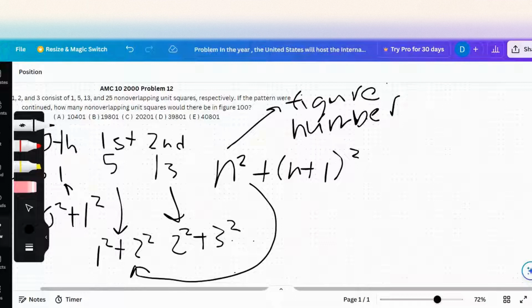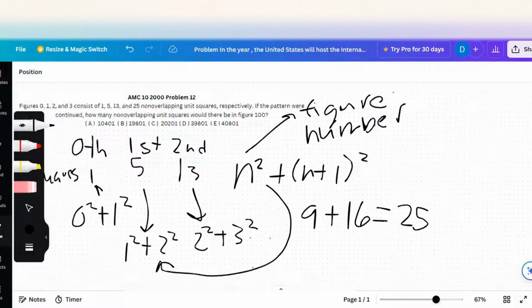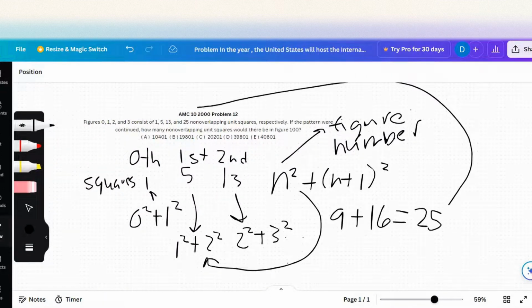If the figure number is 3, then 3 squared is just 9, and 3 plus 1 is 4, and 4 squared is 16. So 9 plus 16 is just 25. And what does the problem tell us the number of overlapping squares is? 25. So we know that this formula works.